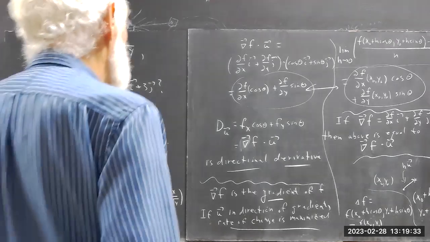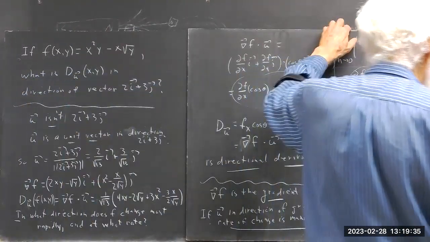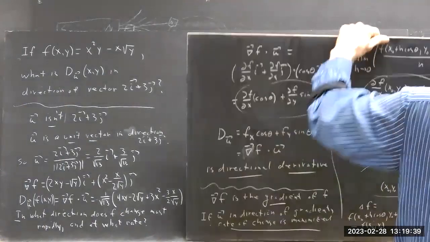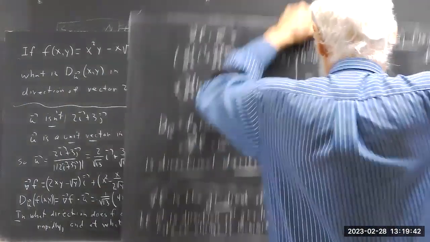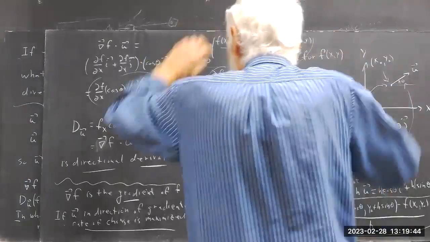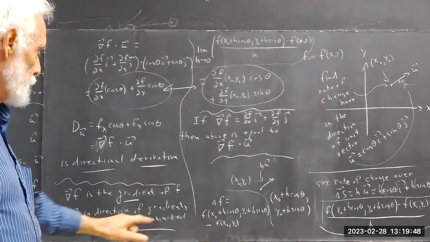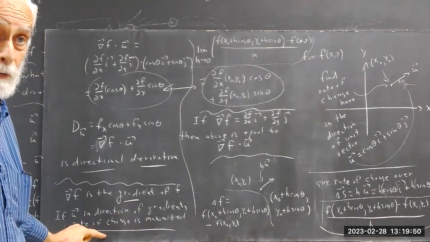Okay, so as anticipated, some people have moved from this. Remember, before I take this away, if u happens to be in the direction of the gradient, the rate of change is maximized.